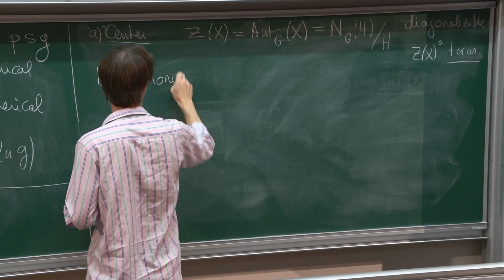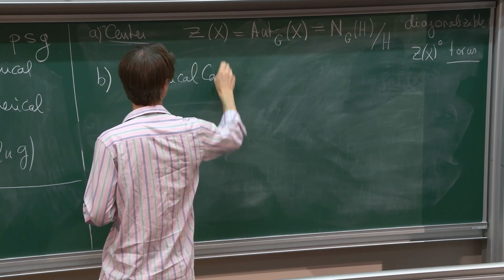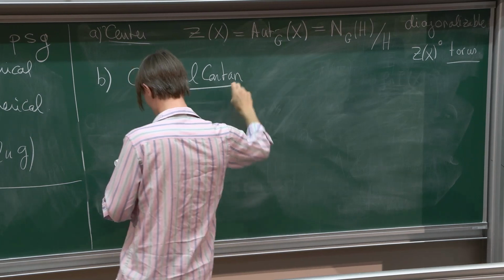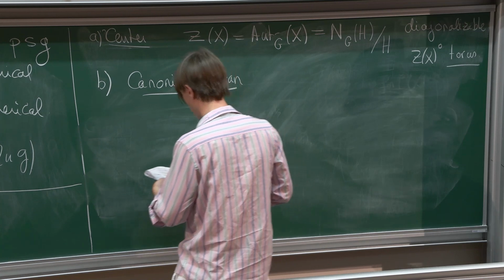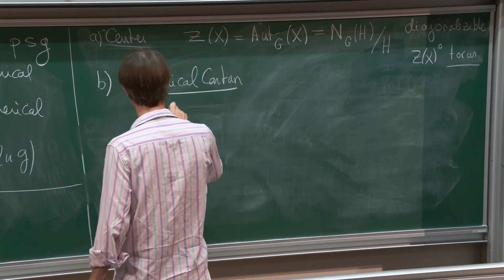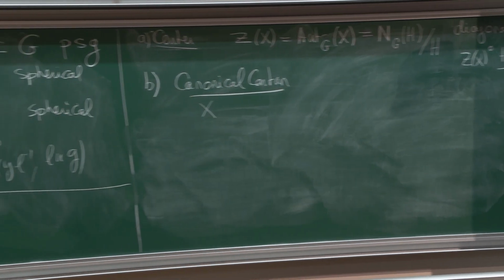And so in particular, the connected component is a torus. Then there is the canonical Cartan of X, and not of G. I will give some examples later. So we take X_B, the open B orbit.